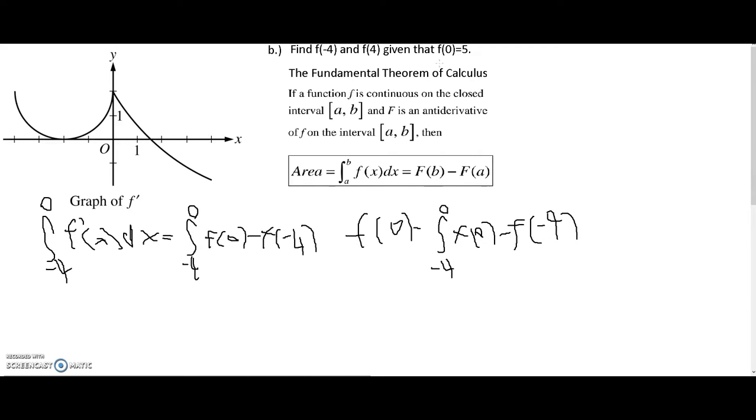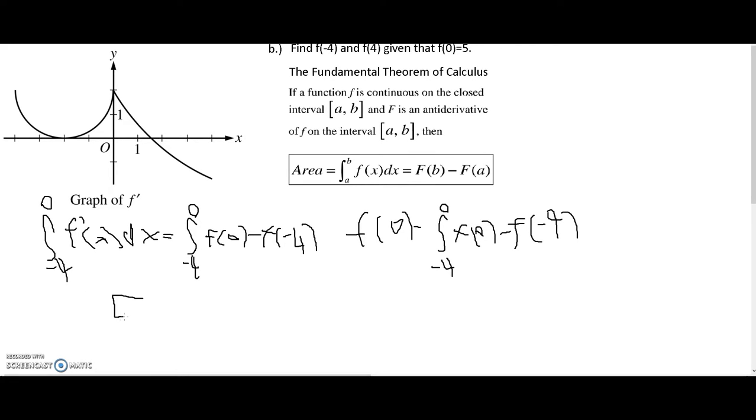Since we are given that f of 0 equals 5, we can rewrite this again as 5 minus the definite integral from -4 to 0 of f prime of x dx.